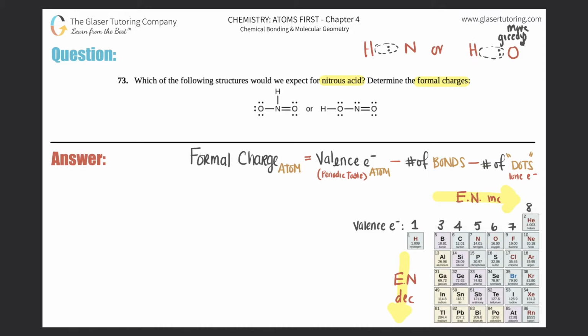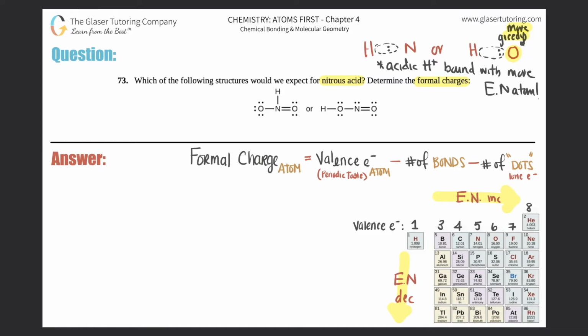The acidic hydrogen, H plus, which represents a proton, is always bound with the more electronegative atom. Because if that's the case, the more electronegative atom, in this case oxygen, is super greedy.